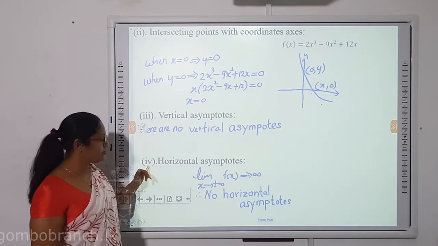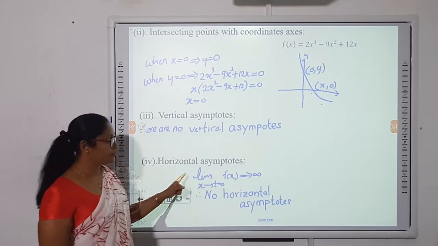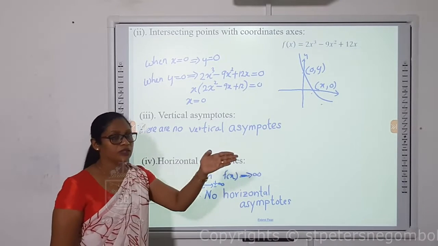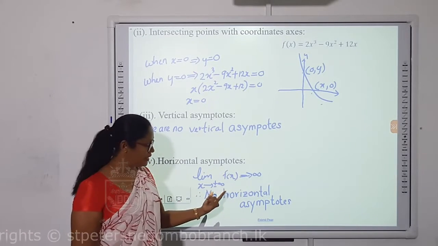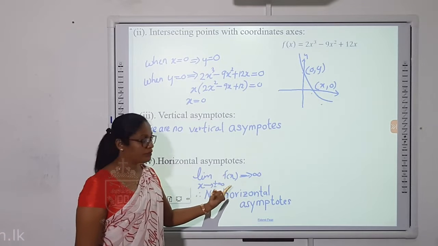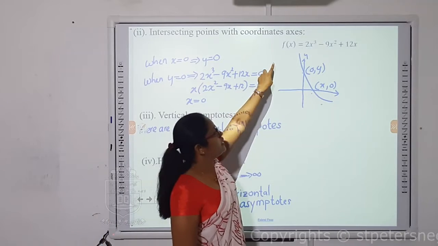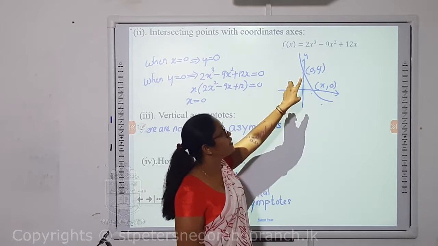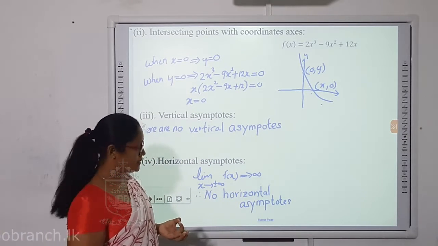Last point, I want to find the horizontal asymptotes. For that we have to use this limit. From this we check what will happen to the graph when x goes to positive infinity and negative infinity. For that I use limits theory. Limit as x goes to plus or minus infinity, what will happen to the function, right? If you look at the function here, the function contains three terms. Each and every term contains the unknown x, right?